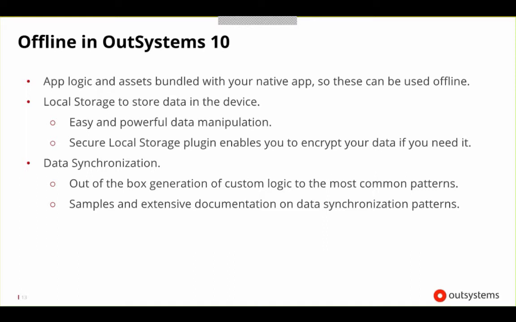So you have all these capabilities of doing client-side processing, so you can process data in your device. But for handling data, you have access to a device database that we call the local storage. And this local storage enables you to store data, so you can put entities on the device, and it's really easy and powerful to manipulate, as I will show you right away.